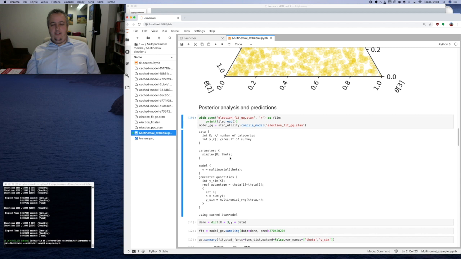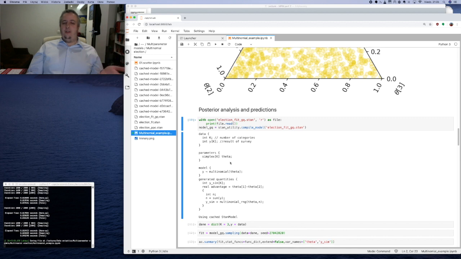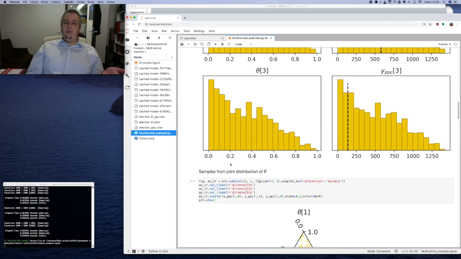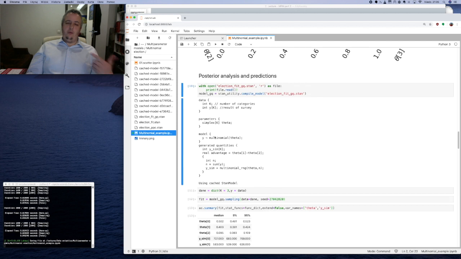Our parameter is again theta, a simplex of k dimensions, in this case 3 variables, and our model is very simple because we can ignore the uniform distribution here. We could put a Dirichlet distribution here, but because it's uniform in our context, we can just skip it. In case you skip the priors for models, Stan substitutes them with uniform distributions.